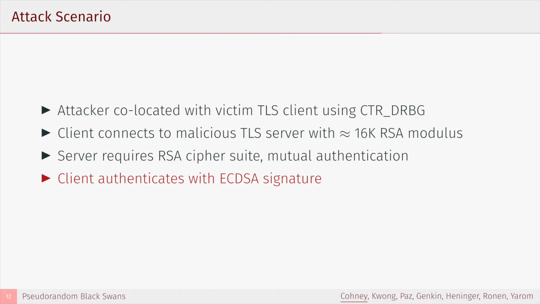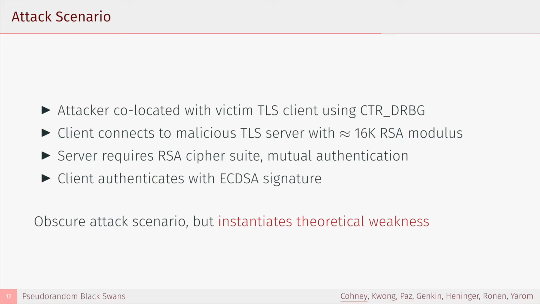This is really quite a list of requirements that we're putting on our attacker, but the key point here is that by instantiating a theoretical weakness, we learn important lessons about the way we design and model RNGs. These lessons are actually quite useful, despite the fact that our attack scenario might seem a bit far-fetched.